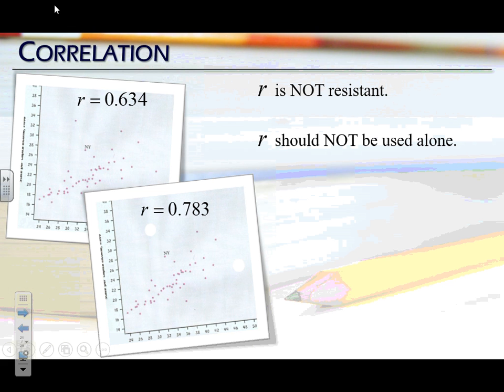R should never be used alone. Correlation. You never just say the correlation is this. You always have to have a graph. So you always need to report correlation with an actual picture of the scatter plot. That could be a hand-drawn scatter plot, or it could be a sketch from your calculator. Okay? But you need to have a graph that goes with it so people can see the correlation coefficient and see the linear nature of the association.